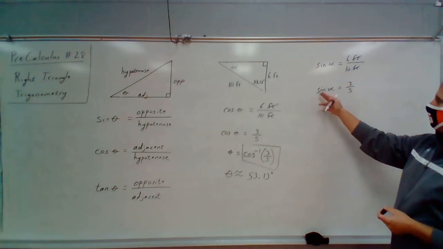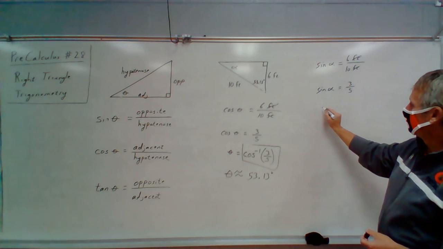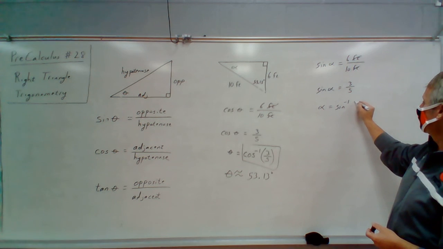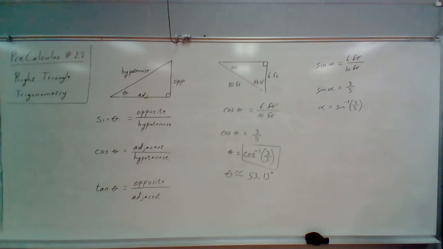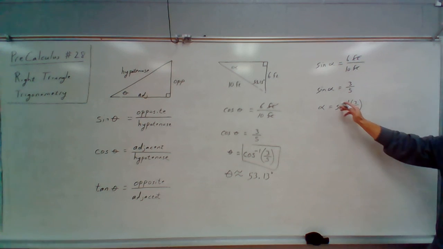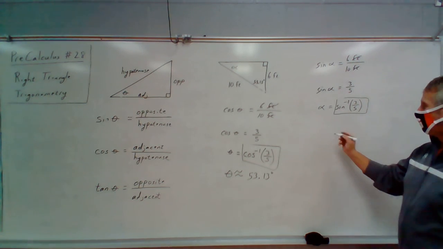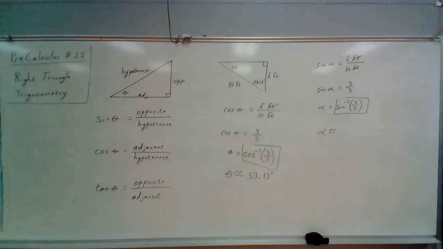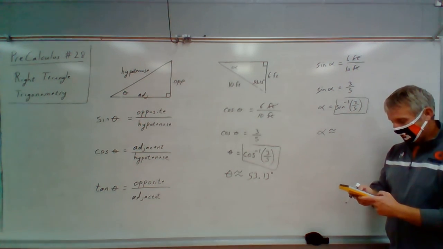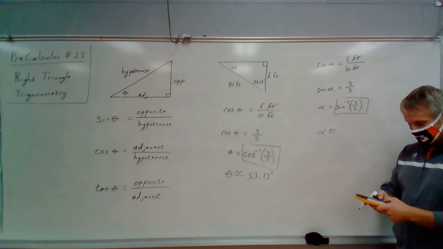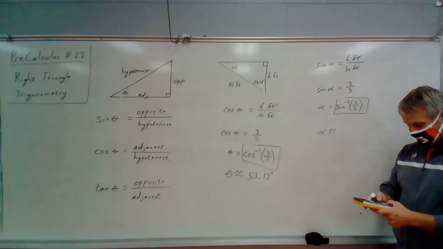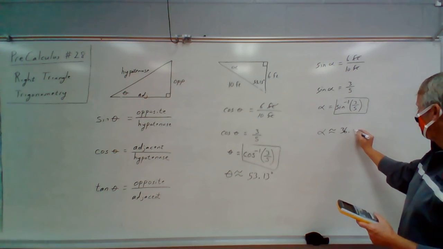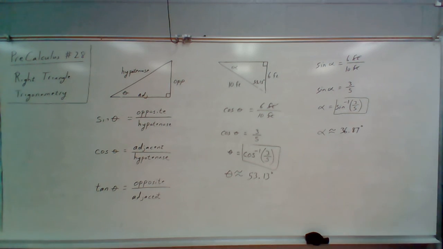To find alpha, I'm going to undo the sine. So I'm going to do the sine inverse of both sides and get alpha equal to sine inverse of 3/5. And so this is the exact answer. But say I want an approximate value for that. So alpha is approximately equal to, talk to my calculator, I'm going to ask it for the sine inverse of 3 divided by 5, and it's going to tell me 36.87 degrees.